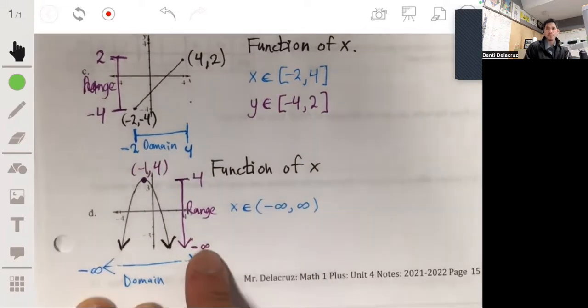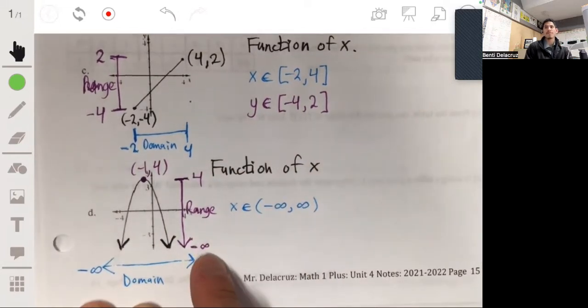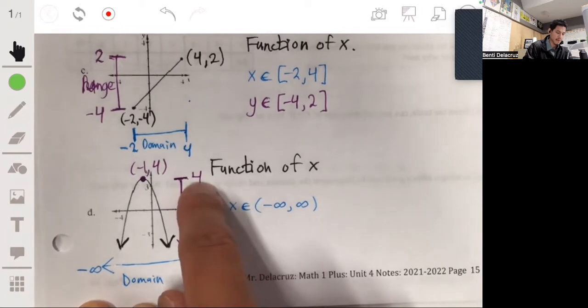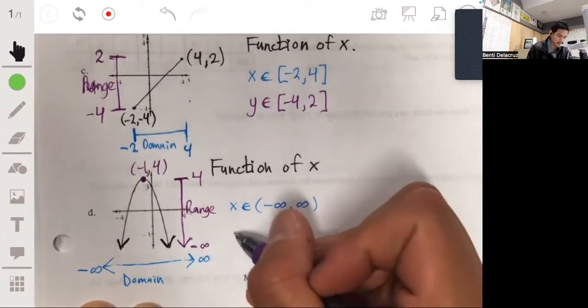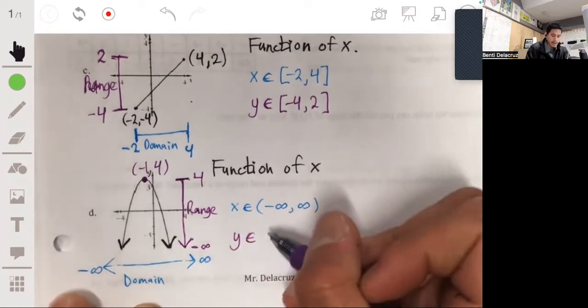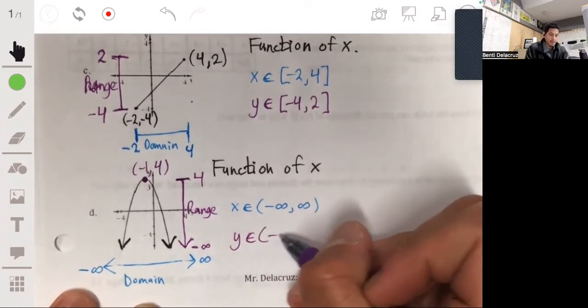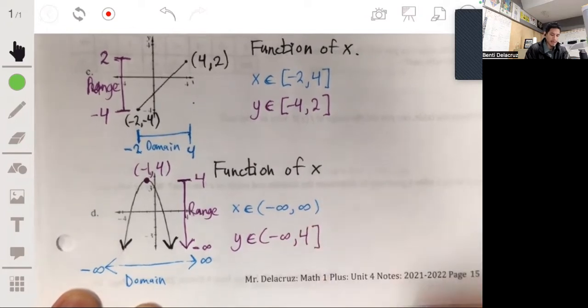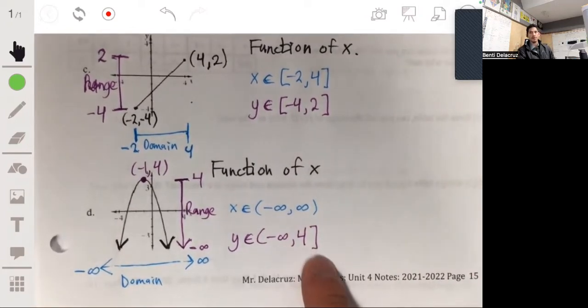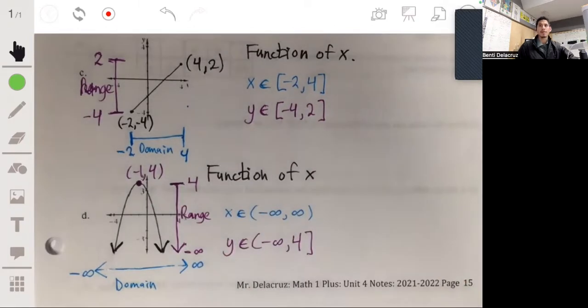So the range would be the set of y values from -infinity to +4, because the highest or largest y value on this graph is +4. So we put y goes from -infinity, parentheses around -infinity, 4, and we put a bracket around 4 because we're including 4. 4 is included in the graph.